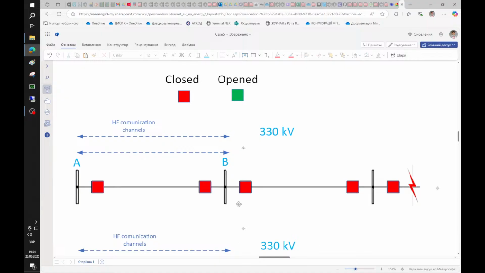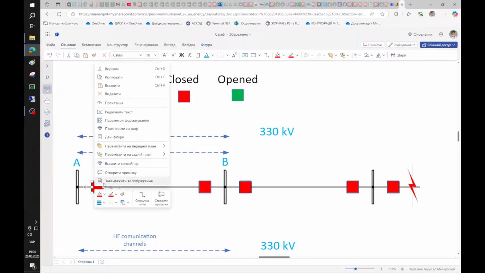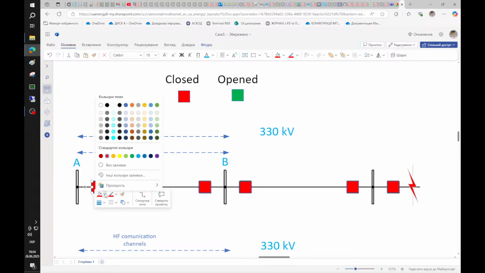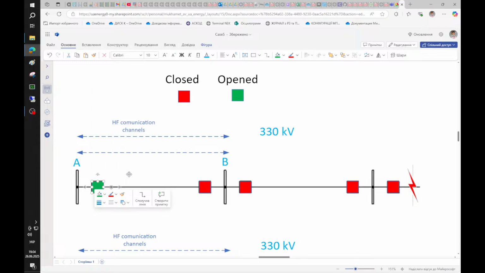So the case that we have was on a 330 kilovolt grid. During an external short circuit, we received a trip only from one side.